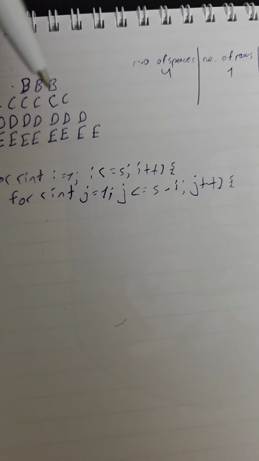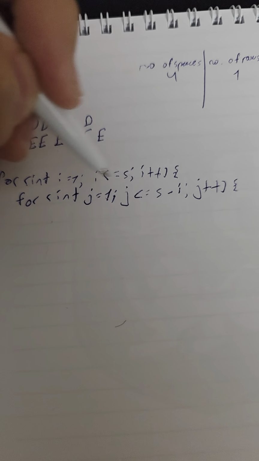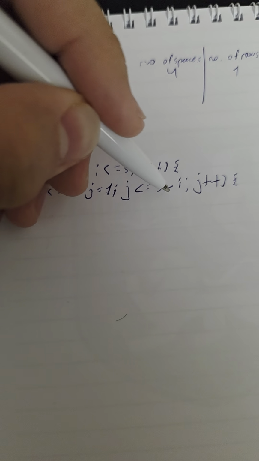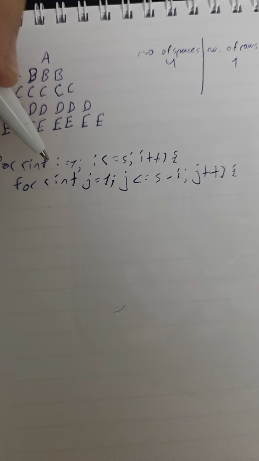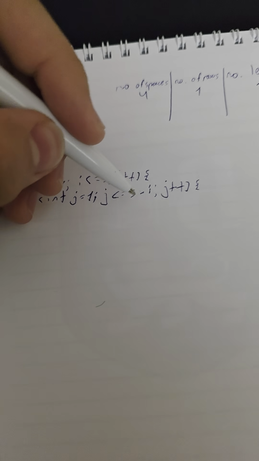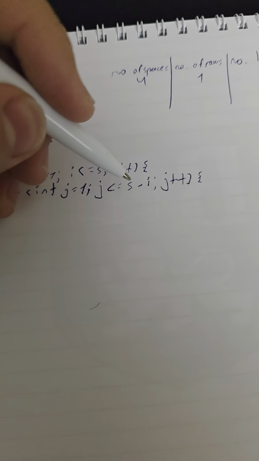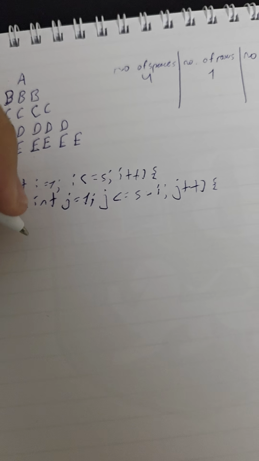That's the amount of spaces that we will get. So when i equals 1, the number of spaces equals 4. When i equals 2, the number of spaces will be equal to 3, and so on.